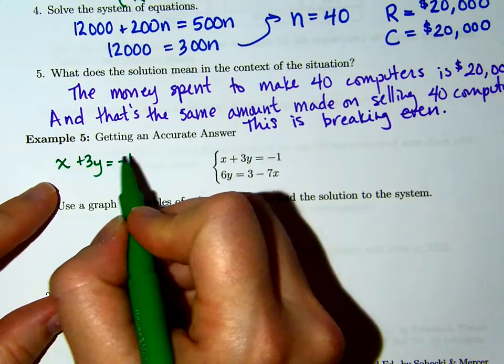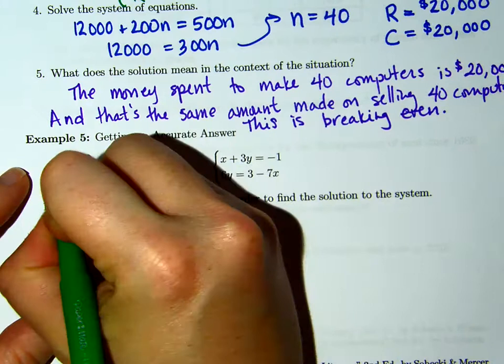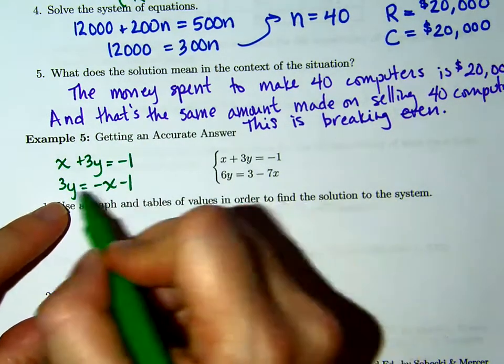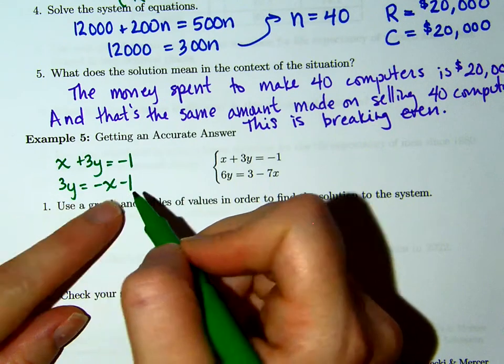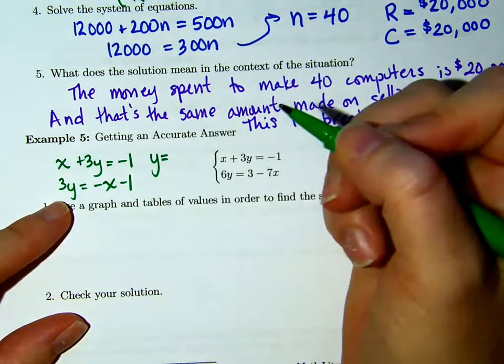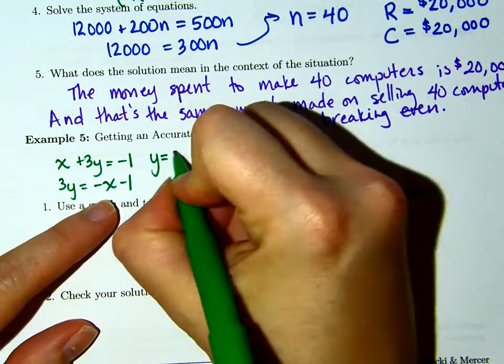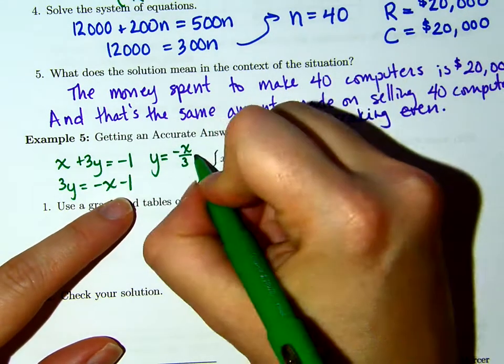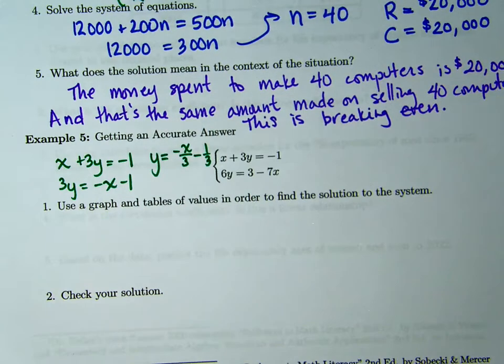I'm going to subtract an x from both sides and scale everything down by 3. So y would equal negative x scaled down by 3, and 1 scaled down by 3, minus 1/3.